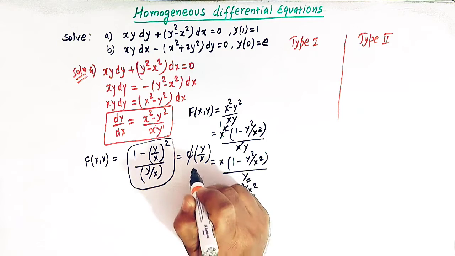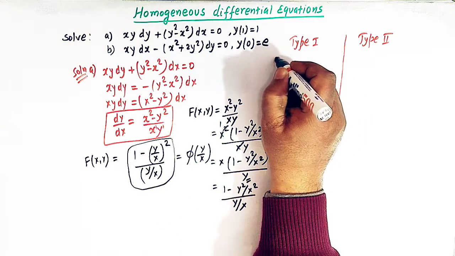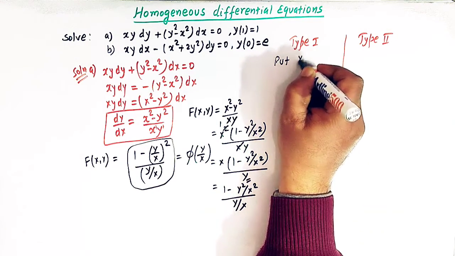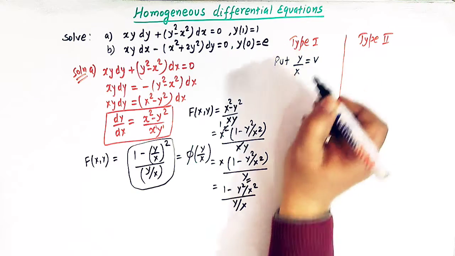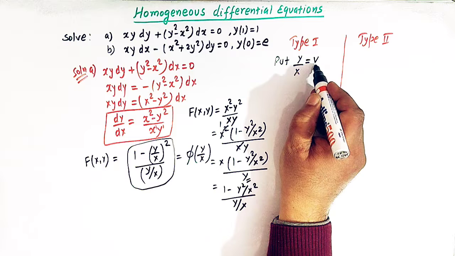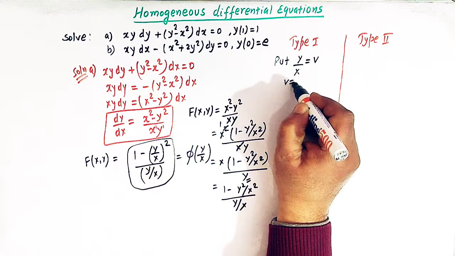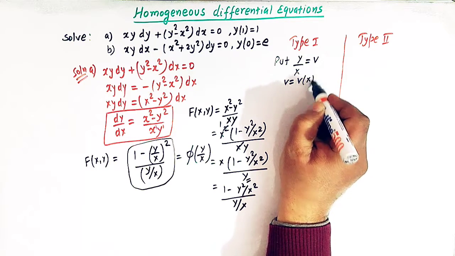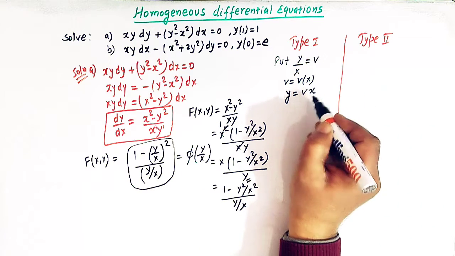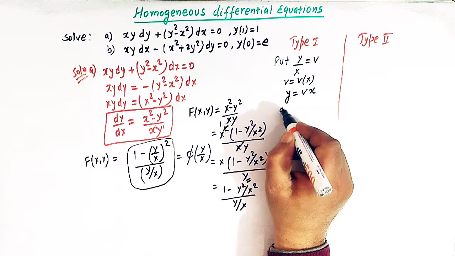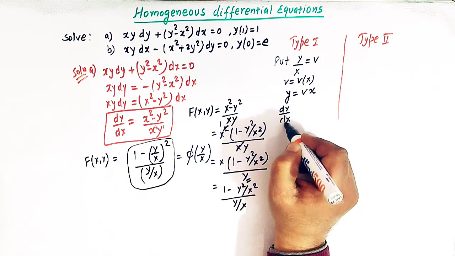So what we will do in these cases, we'll take y over x as some parameter, say v, right? And v is a function of x. So we'll take y is equal to vx, and if we differentiate both sides, we'll get dy over dx.